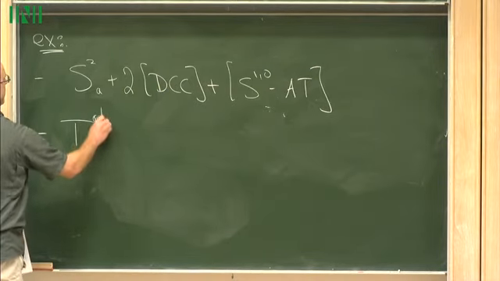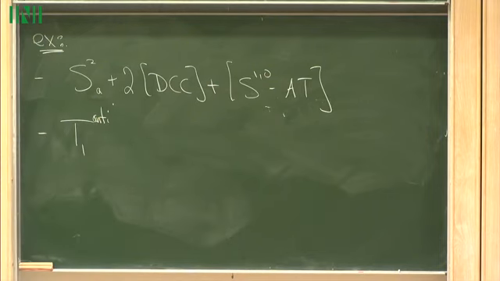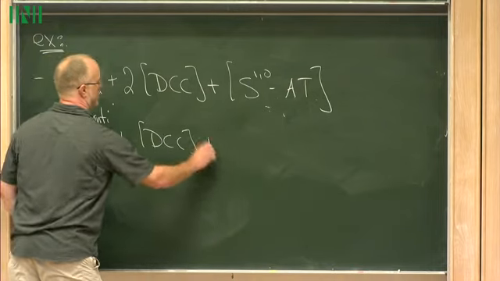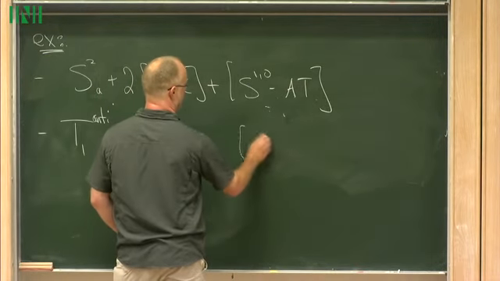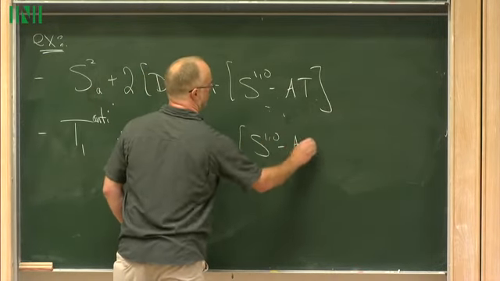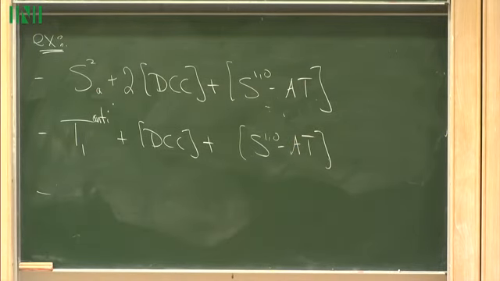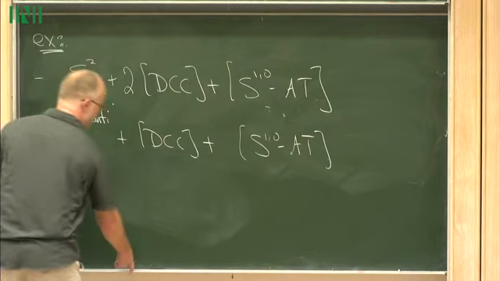Here I take the antipodal torus, I add 1 pair of dual cross caps and an S10 anti-2. And this third space I'm just going to make with the picture.